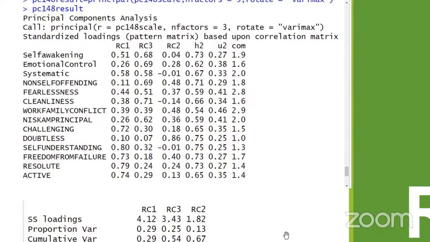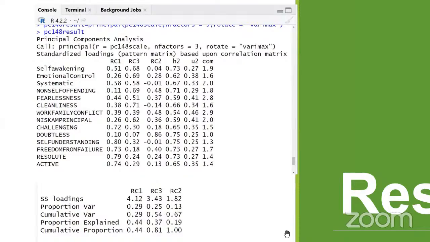So you have to interpret the factor loadings in such a manner that almost all the concerned variables will be under that particular name. So the first factor includes resilience.